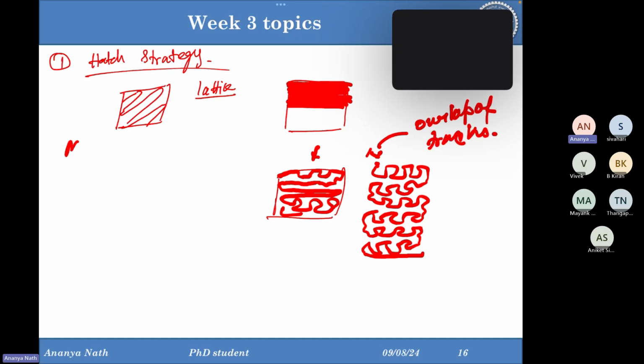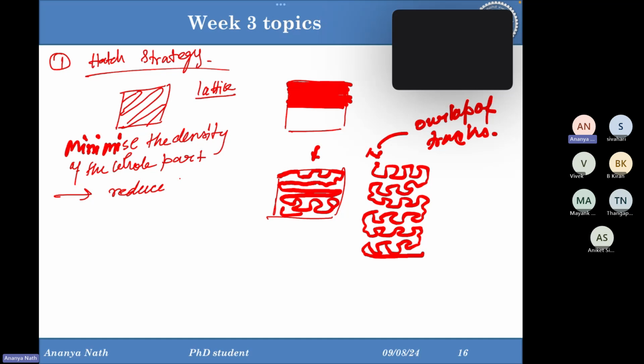So this is how you can minimize the density of the whole part. Why it is needed? Because sometimes to reduce the weight of the part, increase the strength to weight ratio, because lattices are having more strength and lesser weight.